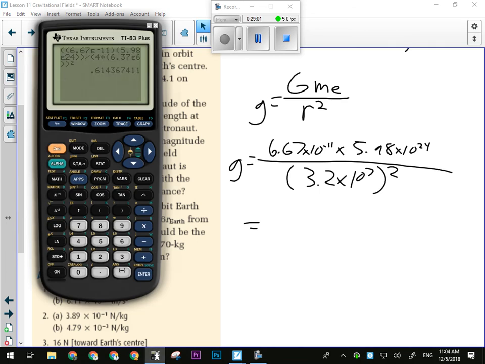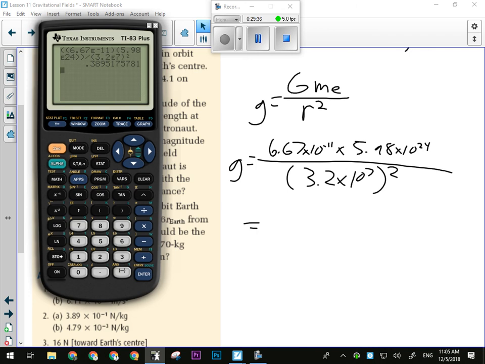It'll be slightly different because they use a different number for radius and Earth's mass. All right, so we're getting 0.38 now. That's what they're getting, 0.389 newtons per kilogram or meters per second squared.